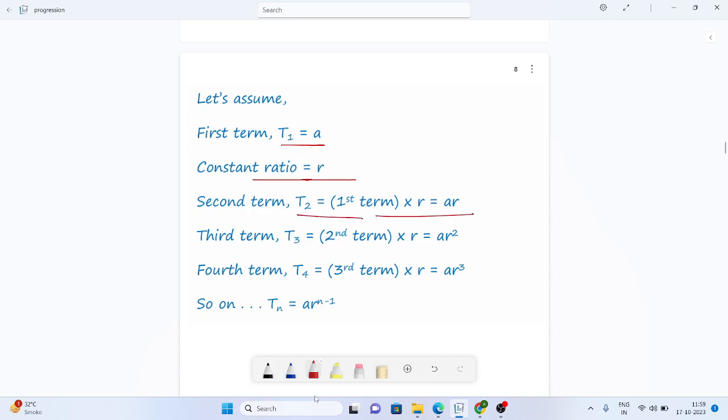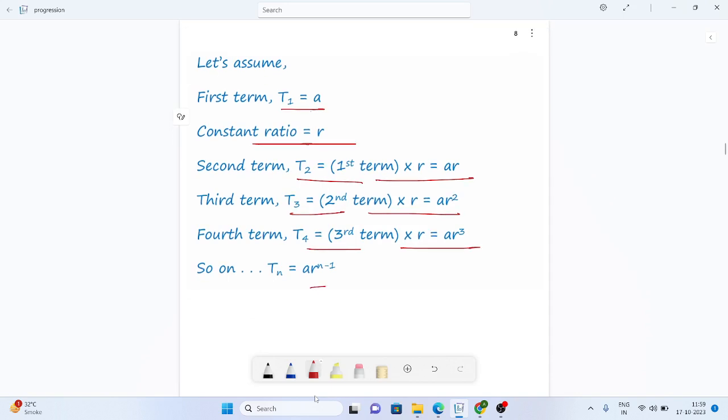So second term is AR. If I again multiply this R to second term, I get third term, which is AR square, and so on. So what is the formula for nth term of a GP? The formula of nth term of a GP is nothing but A into R to the power n minus 1.